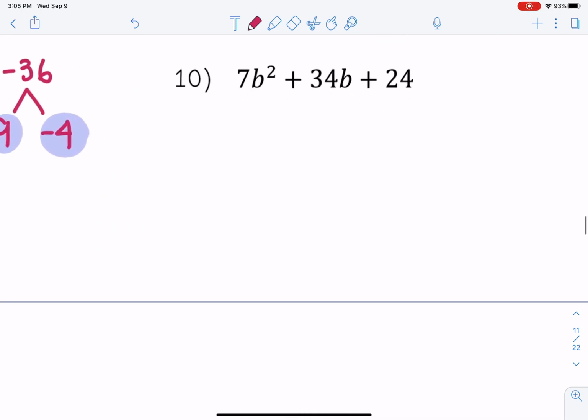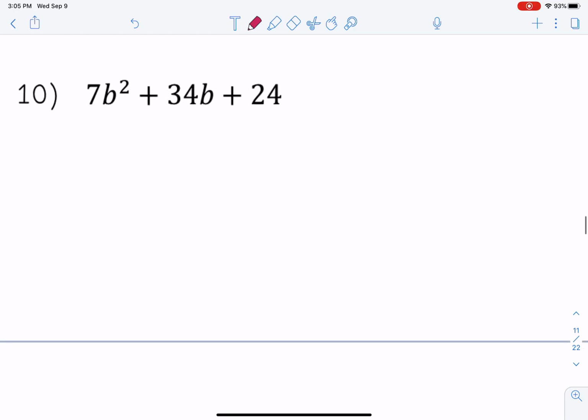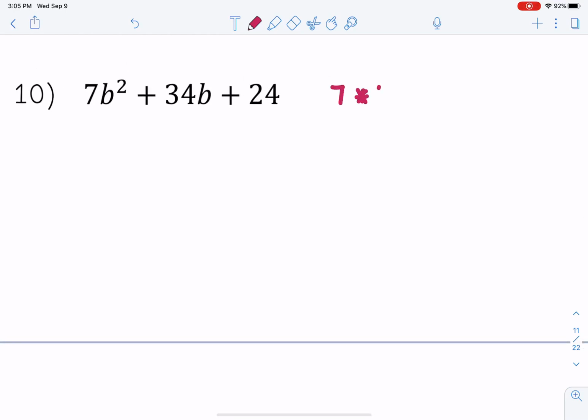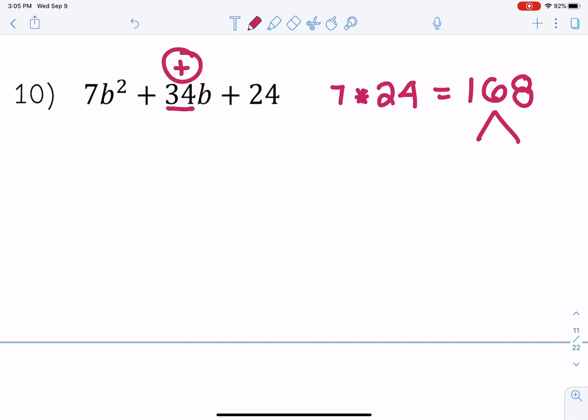Let's try that again. Multiply a and c. I get 168. Now what multiplies to 168 and adds to 34? If I play around, eventually I'll find 6 and 28. Now I'm going to rewrite this term using these two terms.